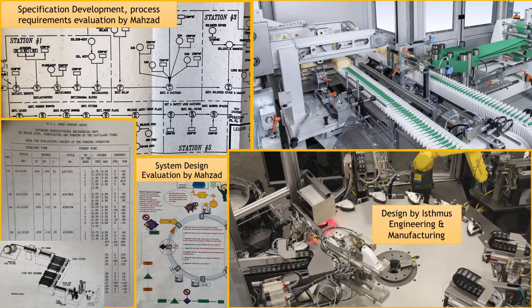And on the bottom right, credits go to Ismos Engineering and Manufacturing. It's equipment designed by them, showing an automated carousel and automated line. You see here there's a guide keeping the products lined up as they go through, and then there's some optics sensing the product present.